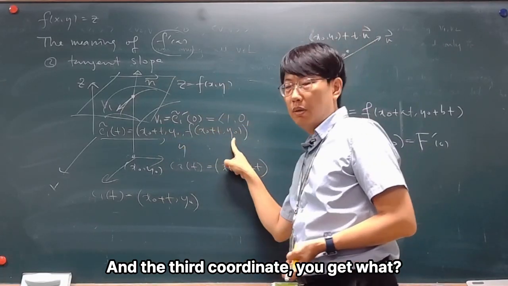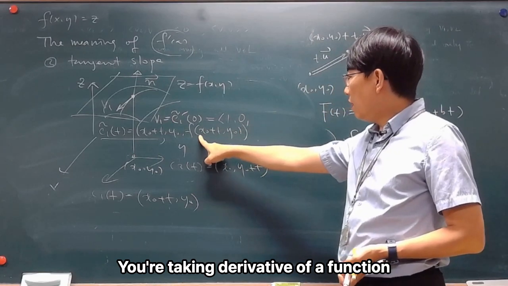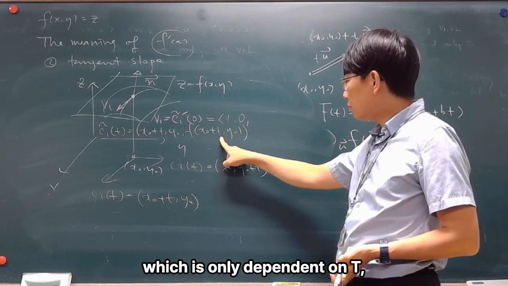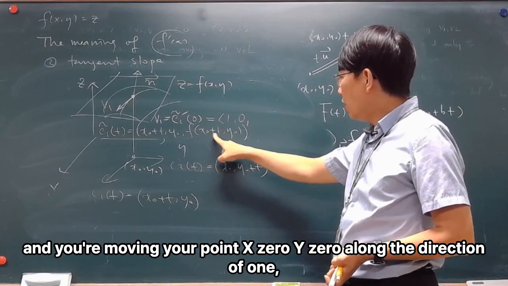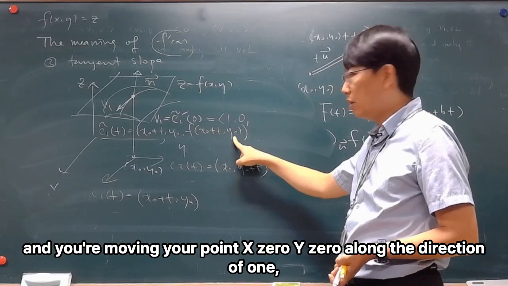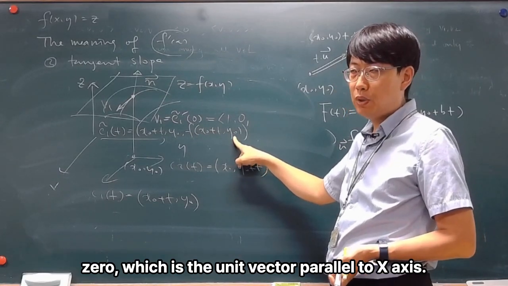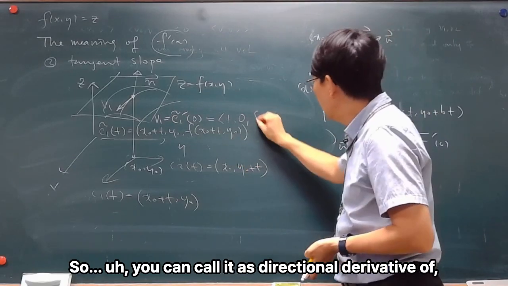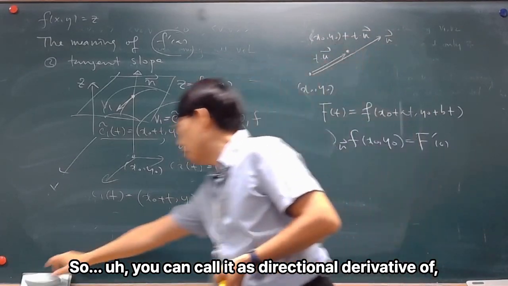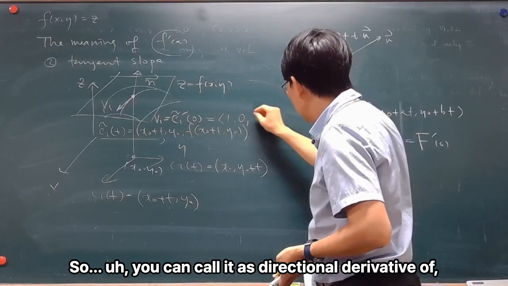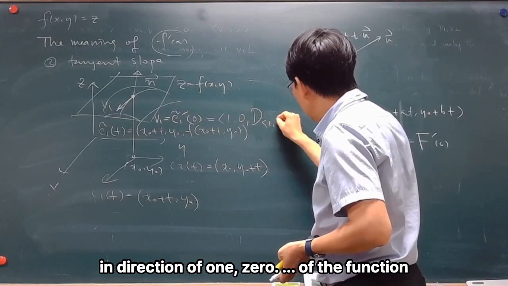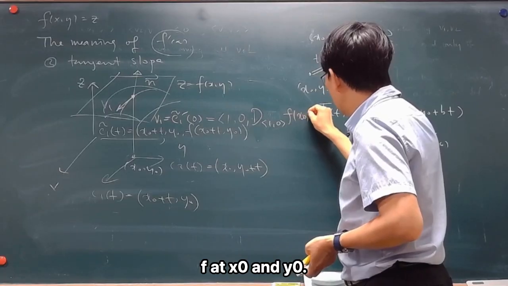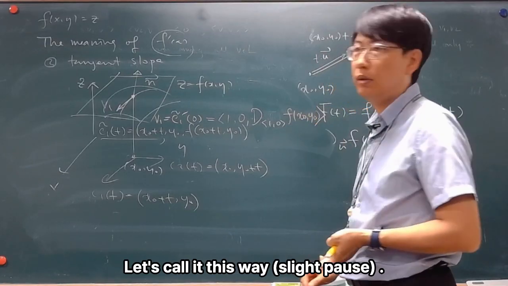And in the third coordinate, you're taking the derivative of a function which depends only on t. You're moving your point (x0, y0) along the direction (1, 0), which is the unit vector parallel to the x-axis. So you can call it the directional derivative in the direction of (1, 0) of the function f at (x0, y0). Let's call it this way.